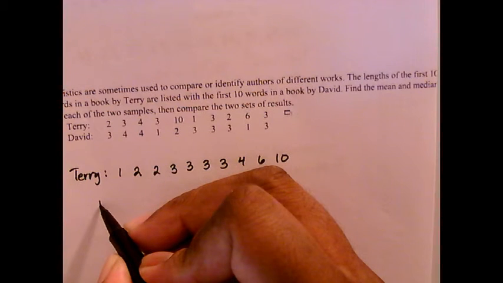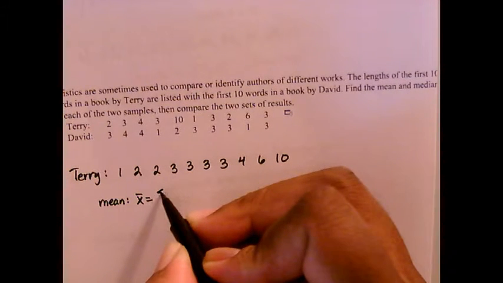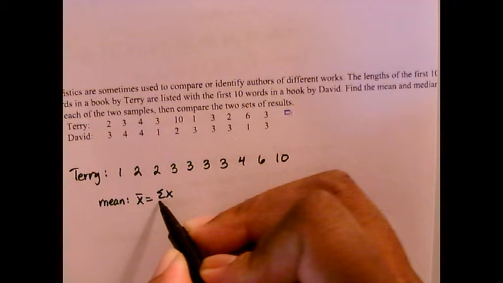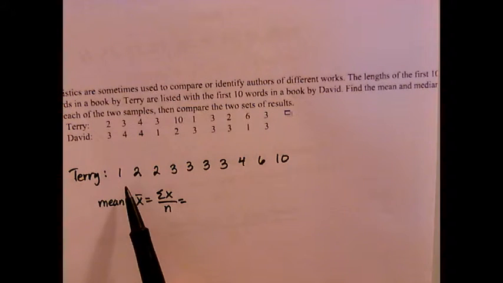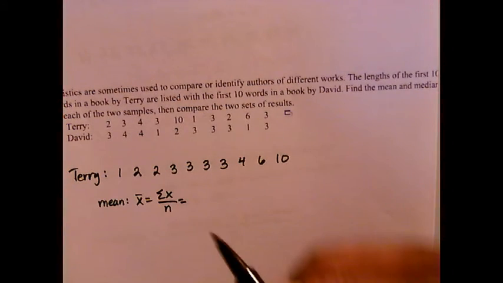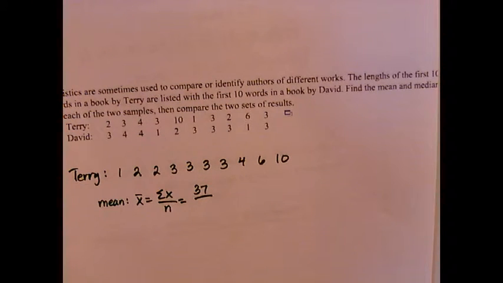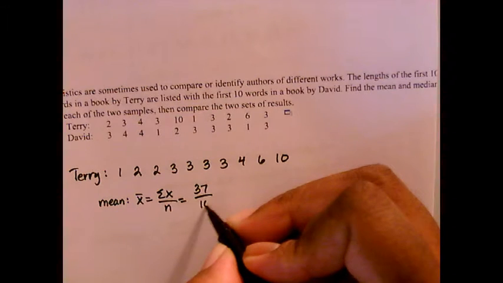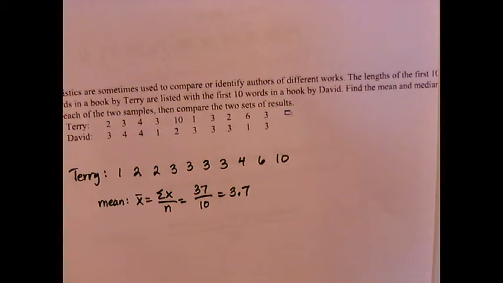So for the mean, that's your x bar, which is equal to the summation of x divided by n. So here we take each of these data values, add them together. You should get 37. And there are 10 data values, so 37 divided by 10, that's 3.7. So that average is going to be 3.7.